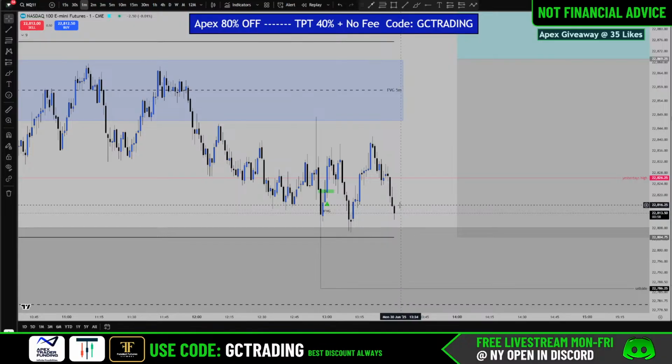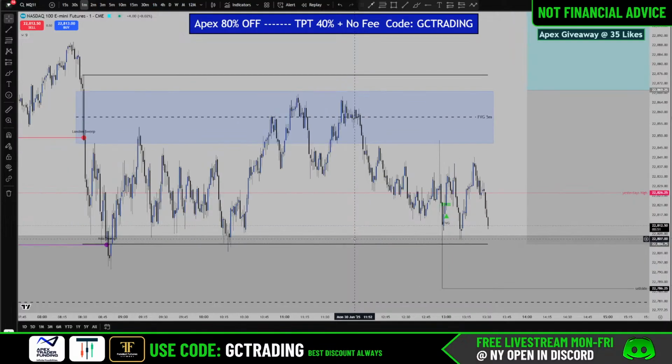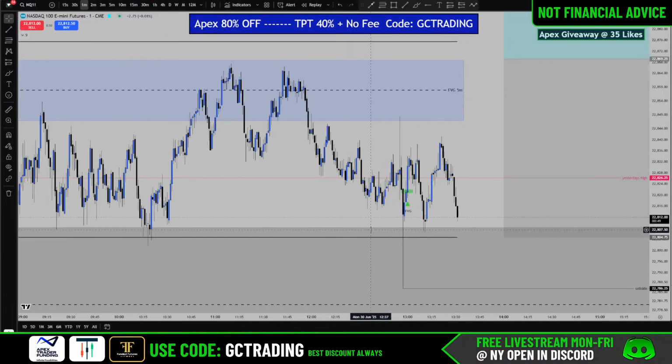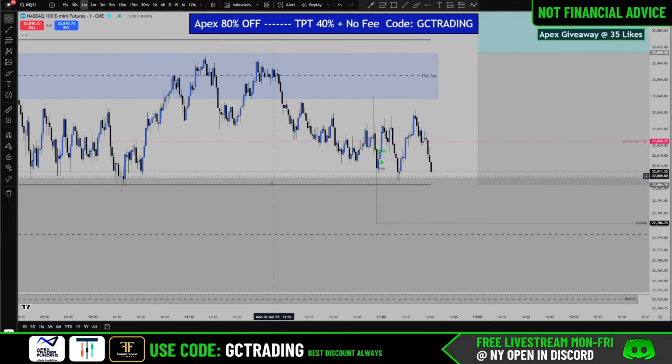All right, let's see. We're kind of slamming down here. Are we gonna break the opening range? Are we gonna break it? Let's see. If we do start breaking it, then we can look for this low and then the new week opening gap.